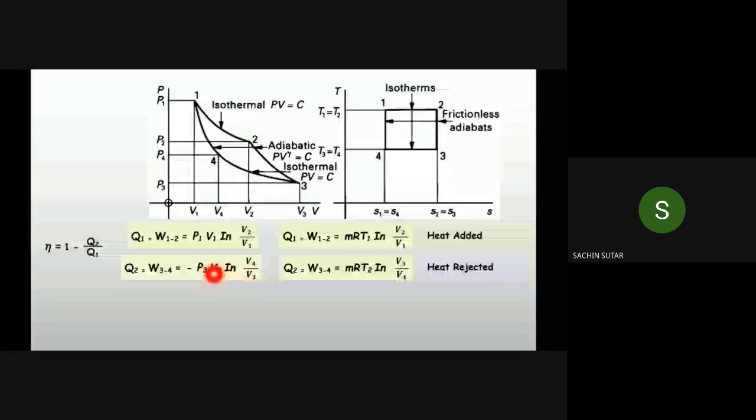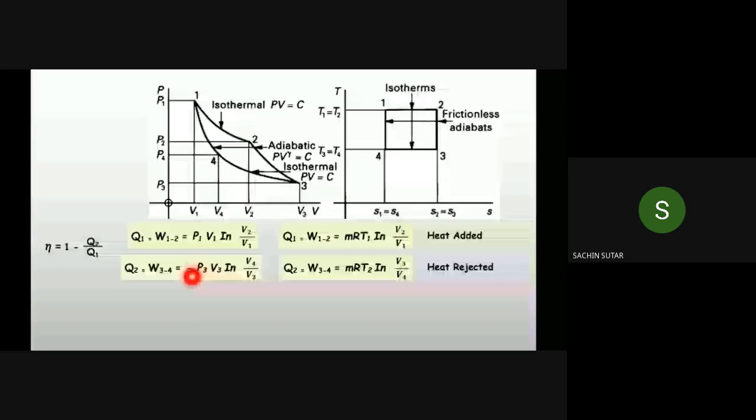And what is that? P3 V3 ln of V4 by V3. So here it is ln of final volume divided by initial volume. In the 3 to 4 process, the initial volume is V3 and the final volume is V4. But here work is supplied, therefore minus sign: P3 V3 ln of V4 by V3.